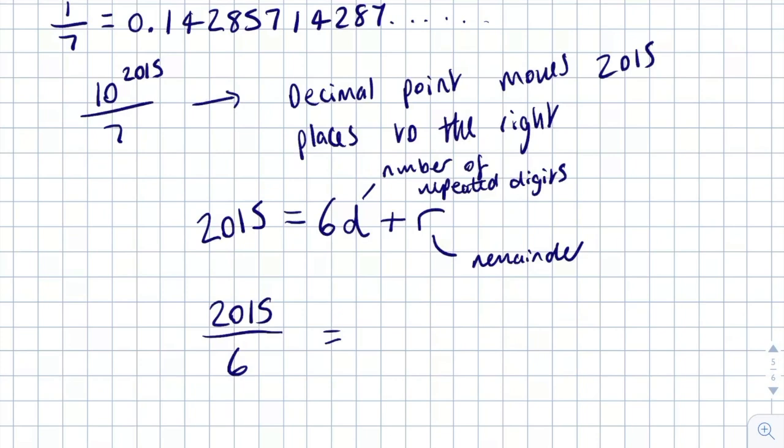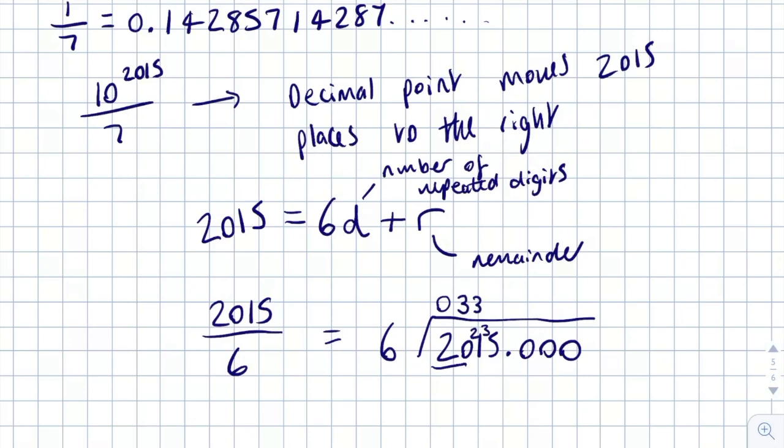So I'm going to use the bus stop method. So I'm going to say how many 6s go into 2015. I'm going to include a few decimal places after this. So how many 6s go into 2? Well, that's none. So how many 6s go into 20? That's going to be 3 with a remainder of 2. Then how many 6s go into 21? That's also 3 with a remainder of 3. And then how many 6s go into 35?